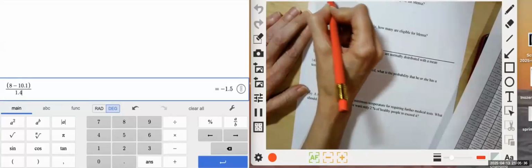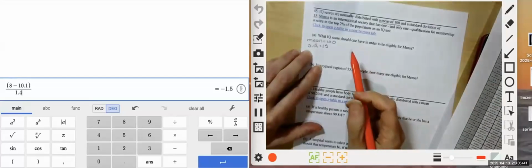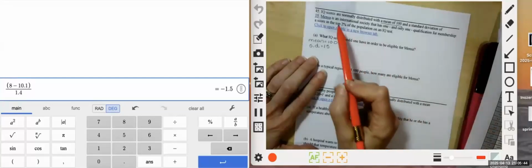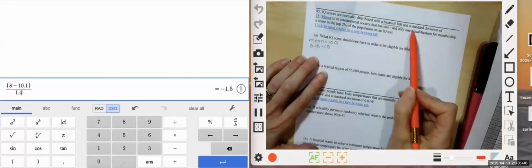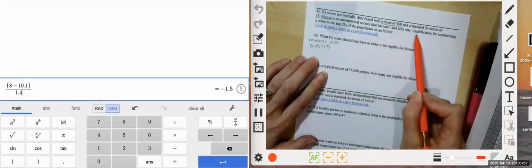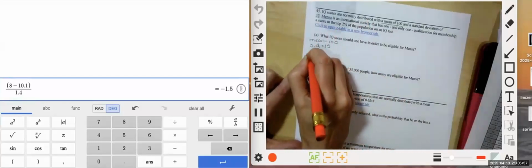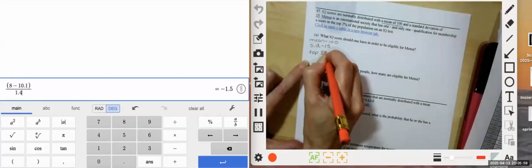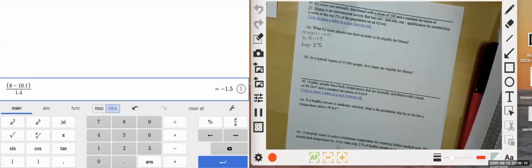Mensa is an international society that has one and only one qualification for membership: a score in the top 2% of the population on an IQ test. What IQ score should one have in order to be eligible for Mensa?